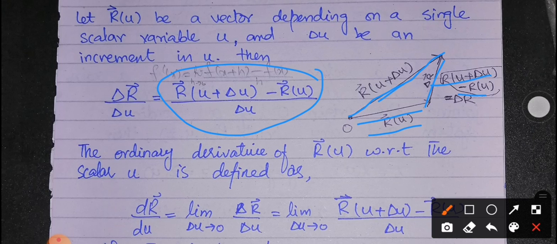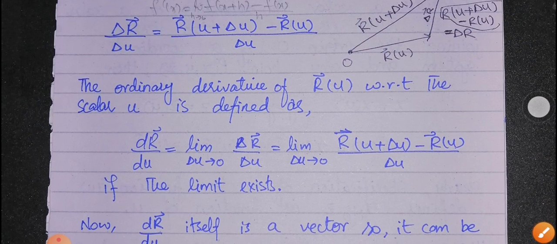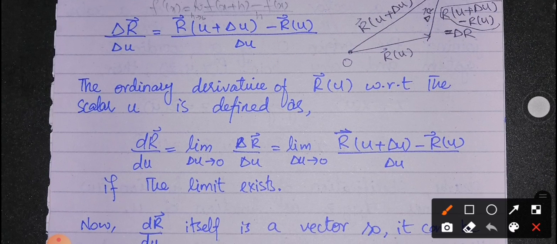So here is the value of delta r over delta u. By definition, the derivative is obtained by taking the limit as h approaches 0, or in this case delta u approaches 0. So we define the derivative of r of u with respect to u as the limit as delta u approaches 0 of r of u plus delta u minus r of u, over delta u, if the limit exists.